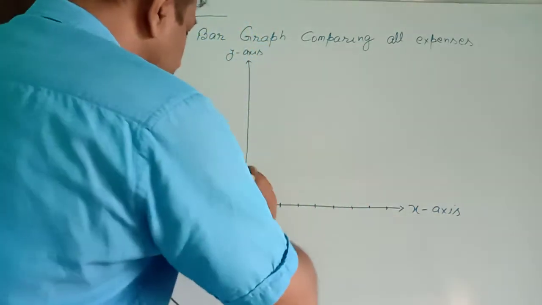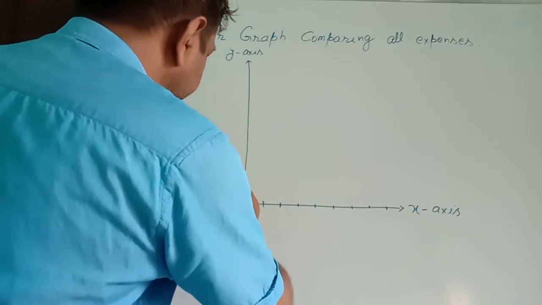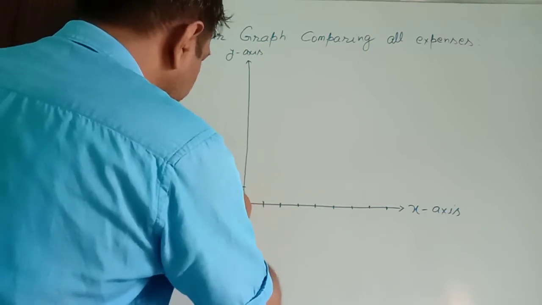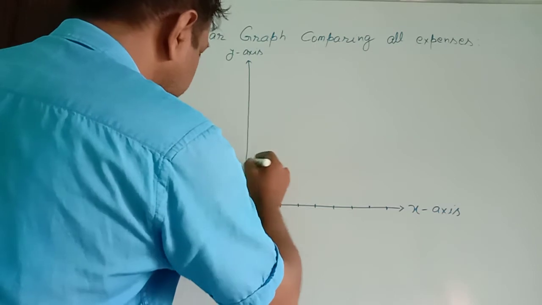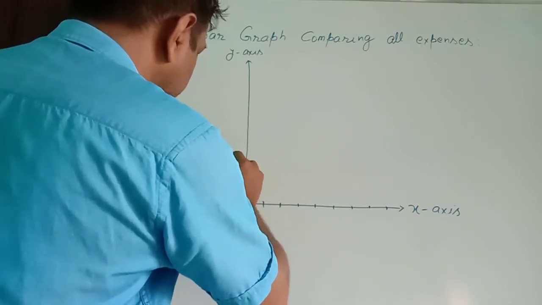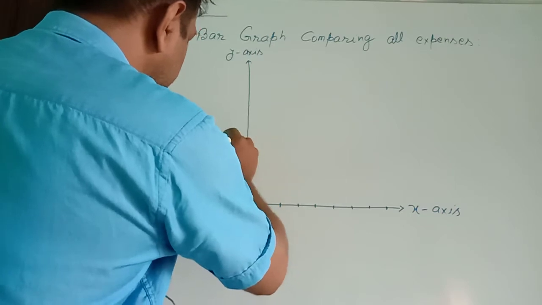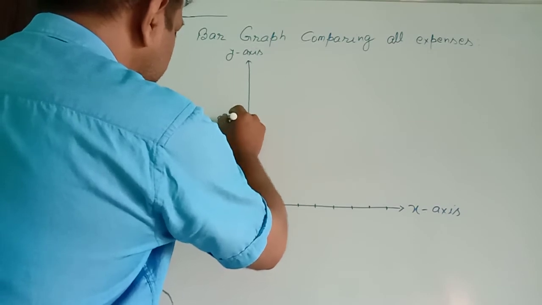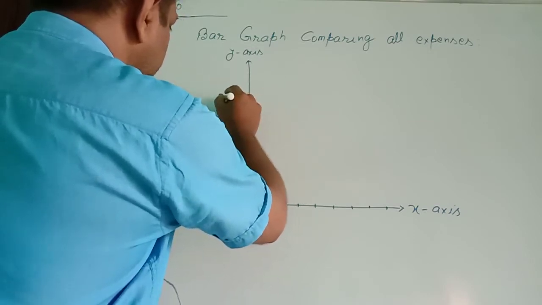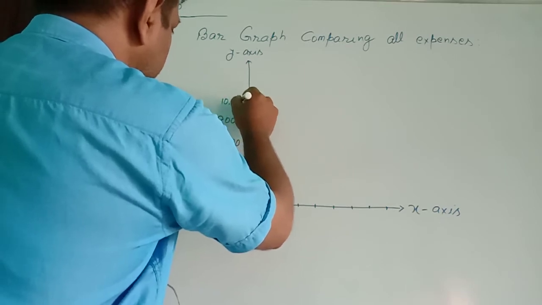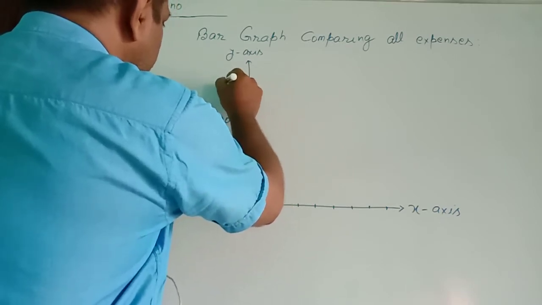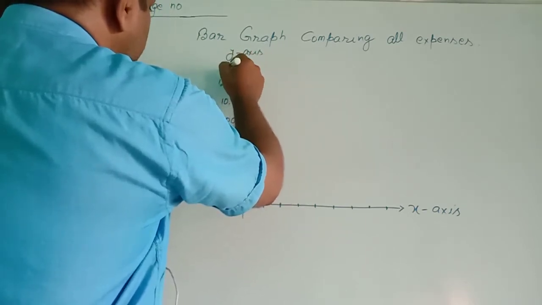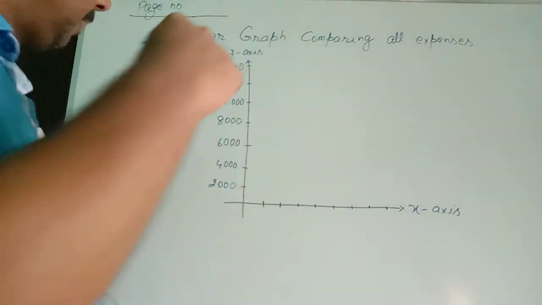Here on the y-axis we can take 2000. One centimeter equal to 2000, 4000, 6000, 8000, 10,000, 12,000, here 14,000, and so on.